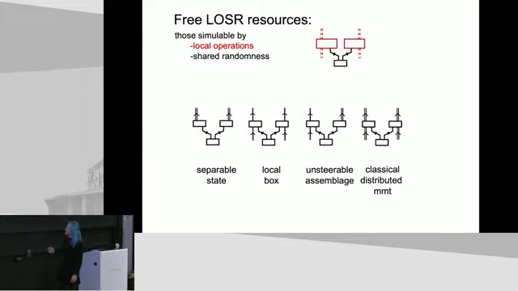If I focus on distributed measurements, sorry, these should be classical wires, then this is the set of classical distributed measurements. So in each case, basically, the set of objects of interest that are uninteresting and freely preparable is just the LOSR-free operations of that type.